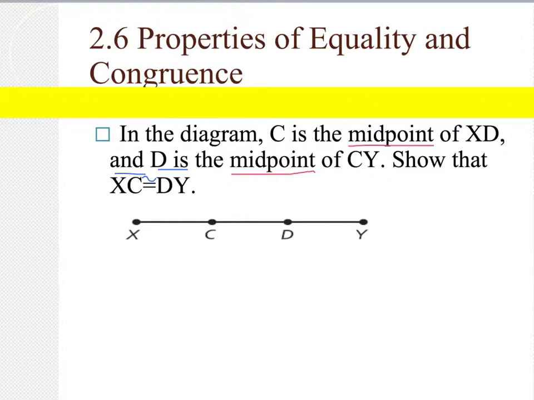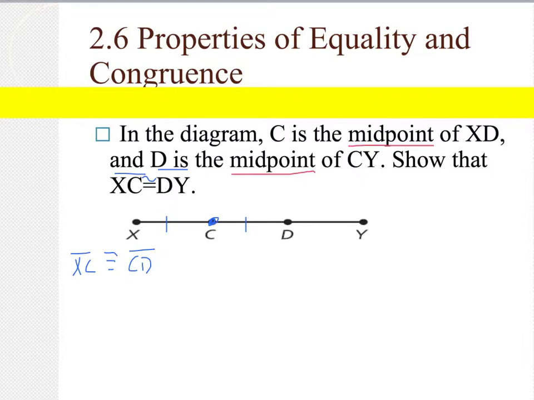So I'm going to look down at XD. Notice that C is the midpoint of XD, which means it cuts XC and CD into congruent segments. We know that because C is the midpoint. So XC, we know, is congruent to CD. Now, the next piece of our information, D is the midpoint of CY.